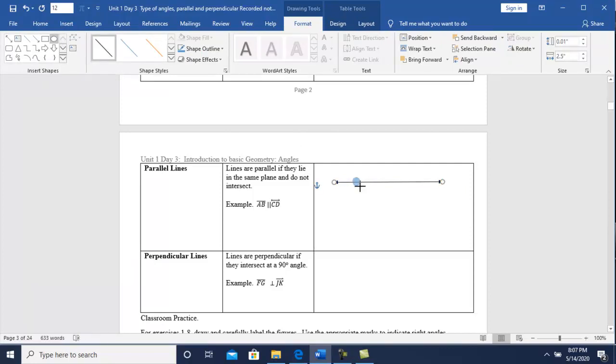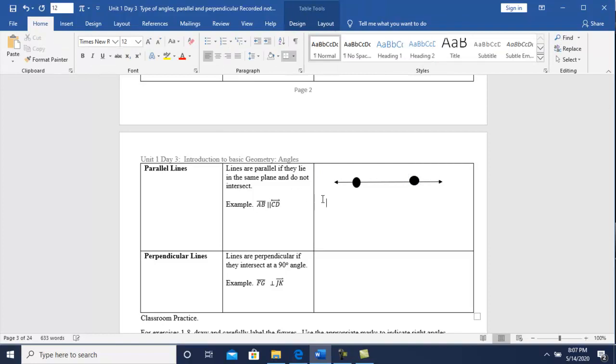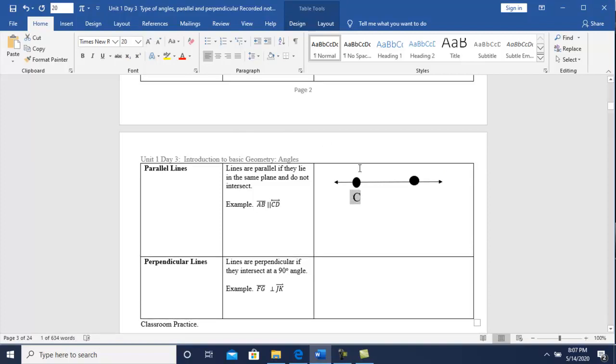This is going to be C and D. Now we're going to draw a line segment.